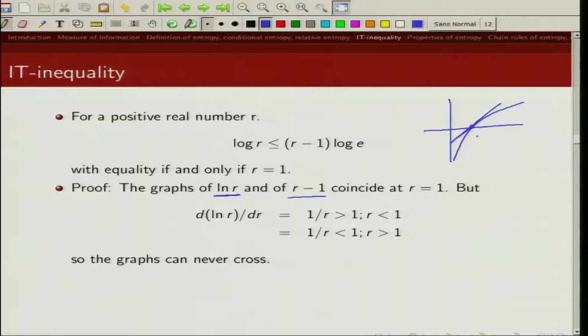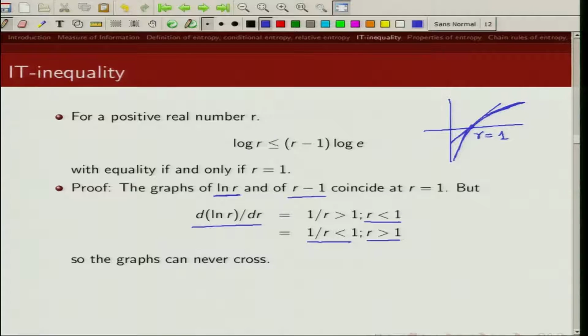They intersect at r equal to 1, and if I consider the slope of the natural log, for r less than 1 the slope is greater than 1, and for r greater than 1 the slope is less than 1.